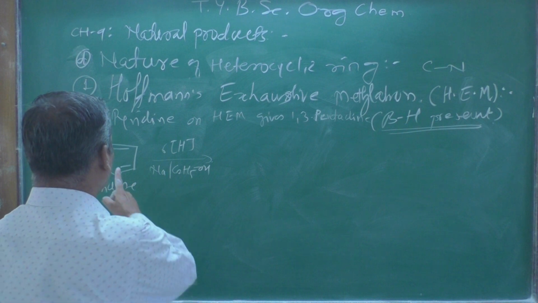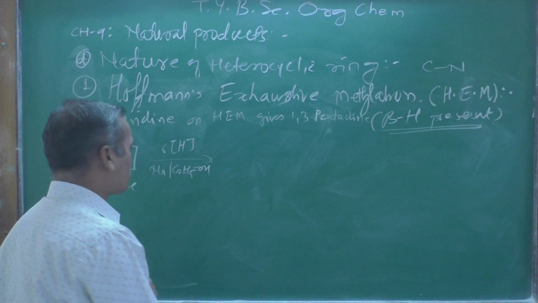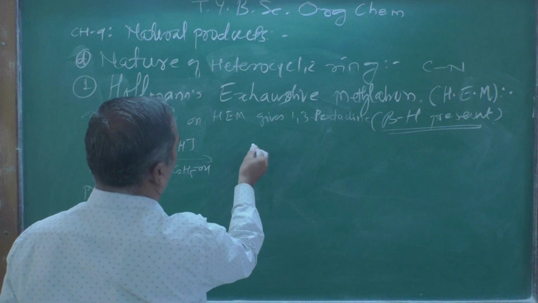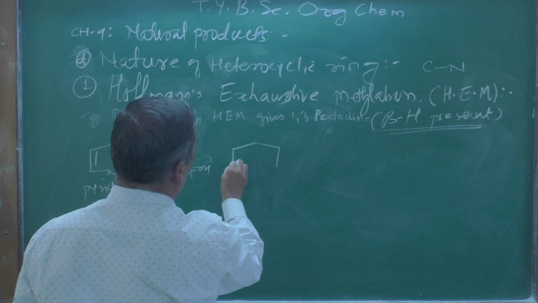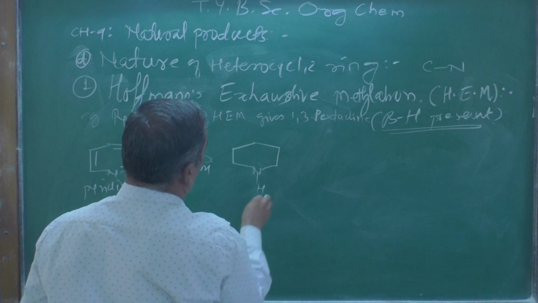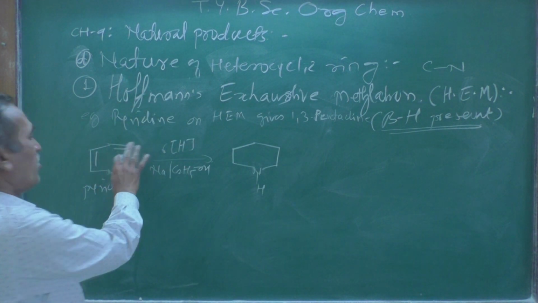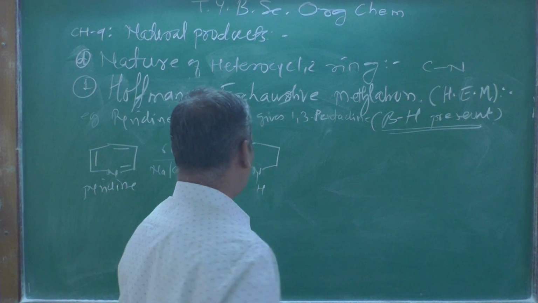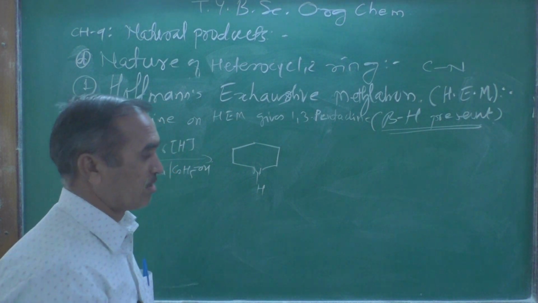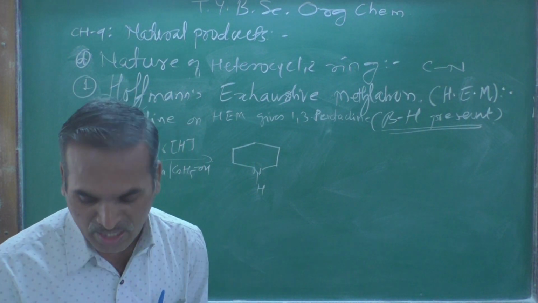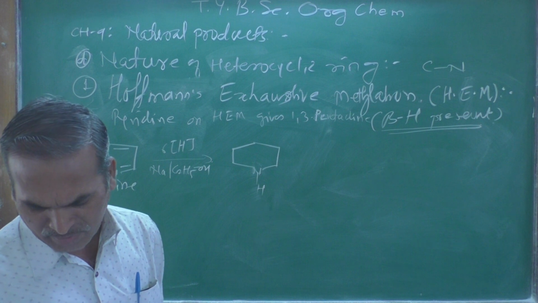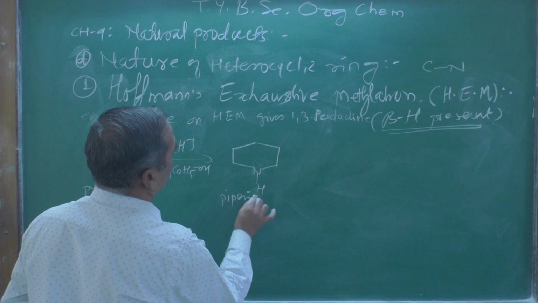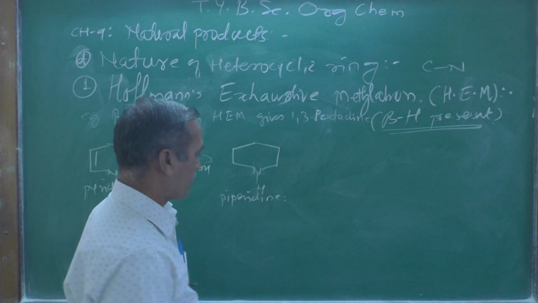Aromatic compounds are unsaturated, because they contain carbon-carbon double bonds, and therefore it is going to convert into a saturated compound like this. All the carbon-carbon double bonds get converted into single bonds, and now this compound becomes saturated, and this is nothing but piperidine. The name of this compound is piperidine.